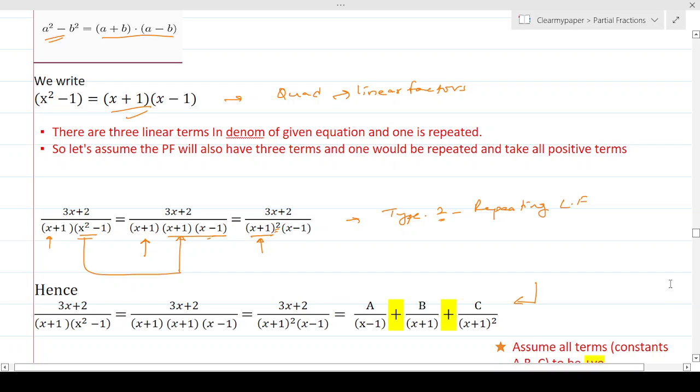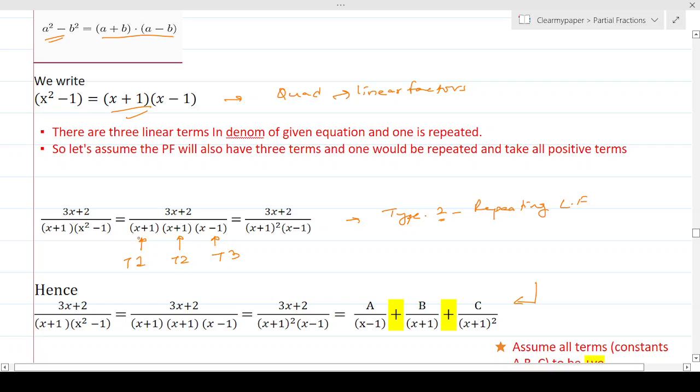So what do we do now? We know it's type 2. So as we discussed in the previous two episodes, just count the number of factors in the denominator after factorization. Once you factorize and separate out all the linear factors, just count the number of factors. If you see here, if I separate this out, this is T1, this is T2, and this is T3.